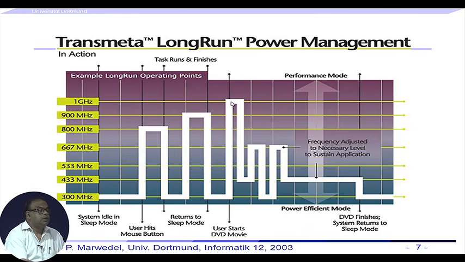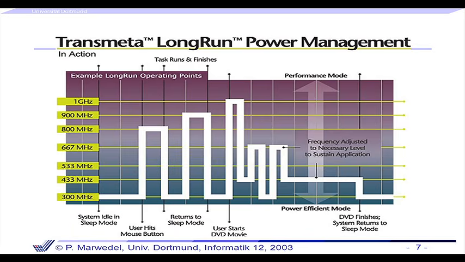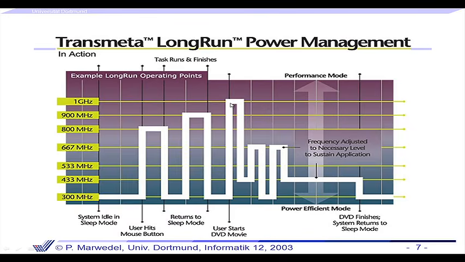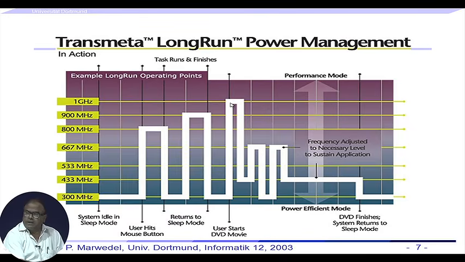Immediately it shoots up. In the earlier slide I had shown that the performance requirement is not the same all the time. So, when the DVD started, you needed more power. Therefore, at that point I shot it up to 1 gigahertz.